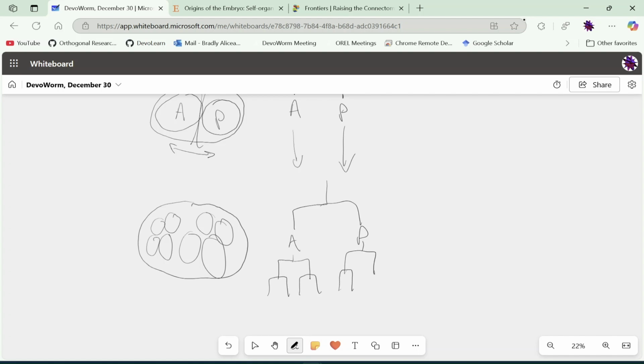So we end up with this 8-cell lineage tree. Actually, 4 division events.